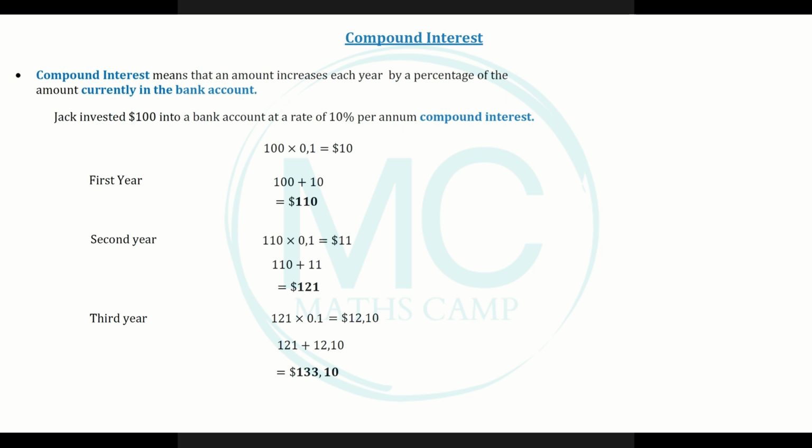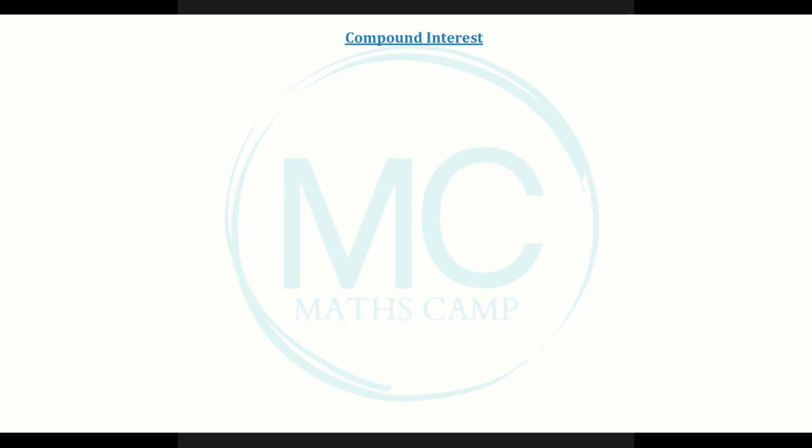This is a very simplistic example, but working with compound interest this way can become a lot more difficult when we have larger amounts and longer durations. It would be extremely time consuming to determine how much money Jack has after 25 years. So to make it easier, we can use the compound interest formula.